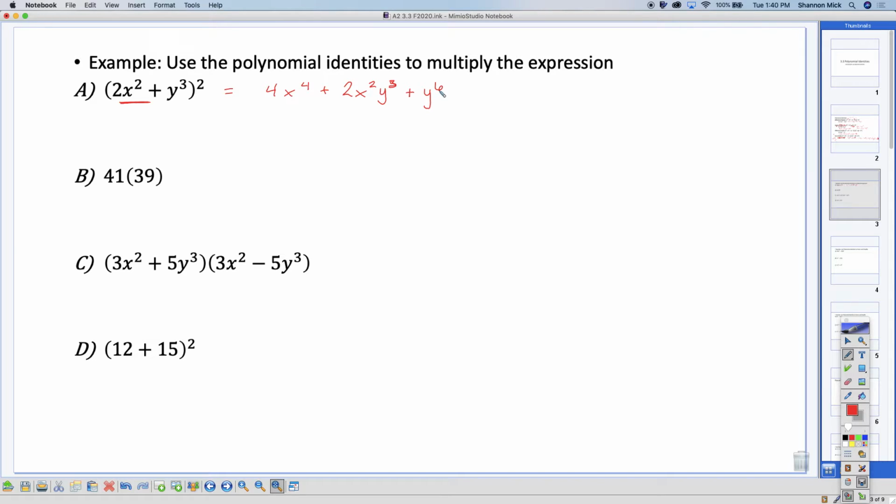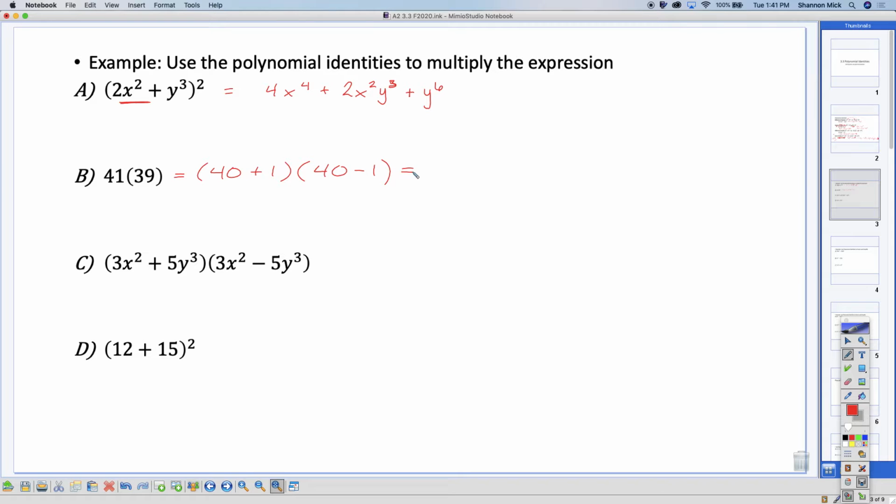So I can make this into 40 plus 1 and 40 minus 1. Correct? Okay, so if I have that, then I'm going from the right to the left, yes? So what does your rule say on this one from the right to the left? Look at your rule for difference of squares.